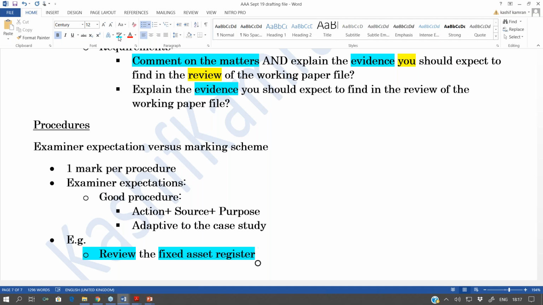Review the fixed asset register to confirm the class of assets, cost of assets, and their book values.